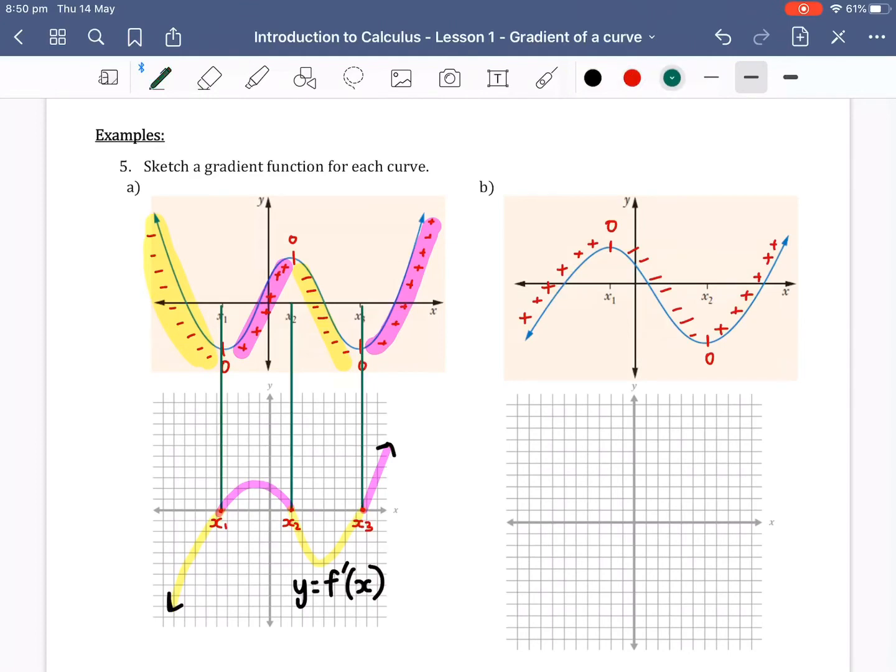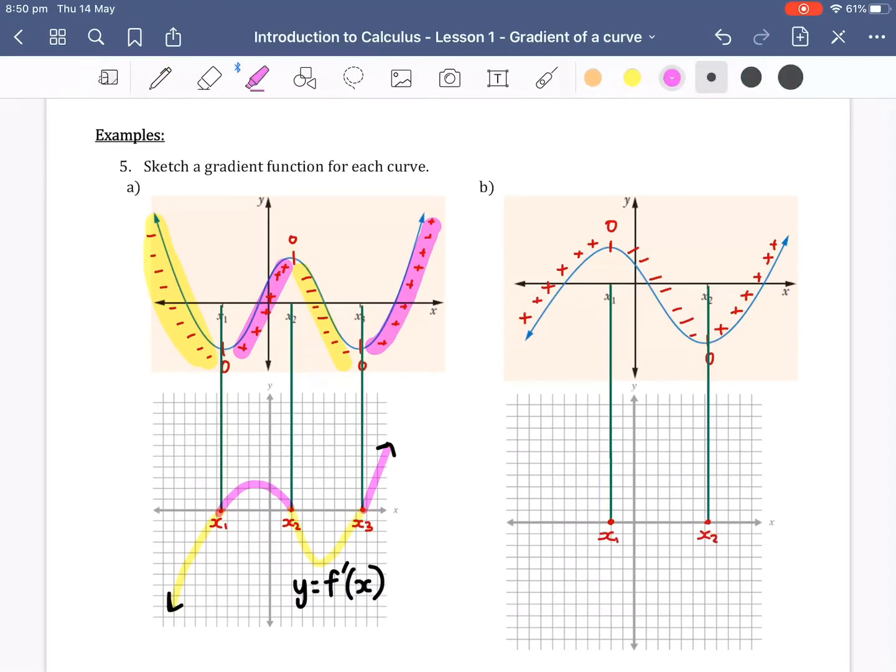So increasing and decreasing. We then want to draw our lines from where our x1 is, and our line where our x2 is, and put them in on our x-axis. That's our x1 and that's our x2.